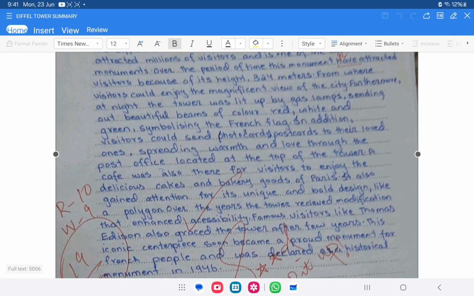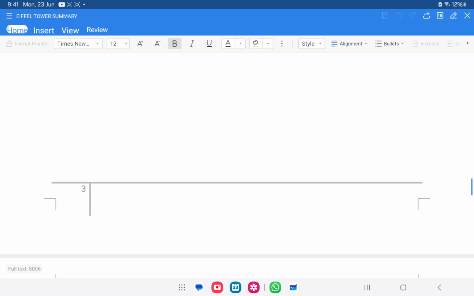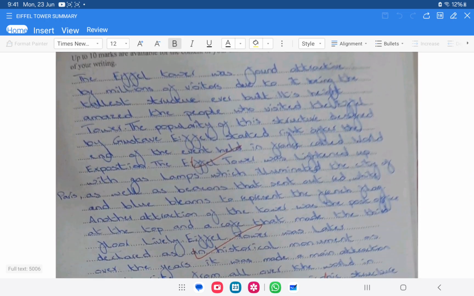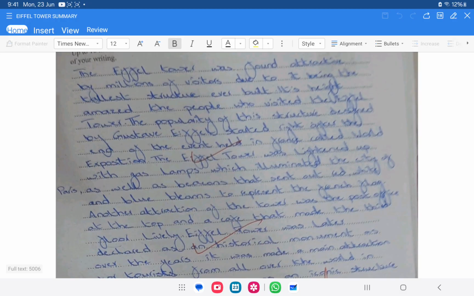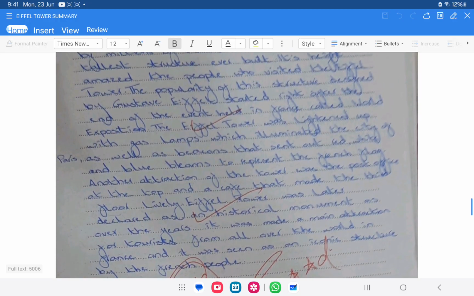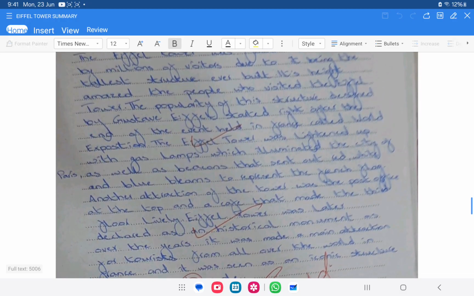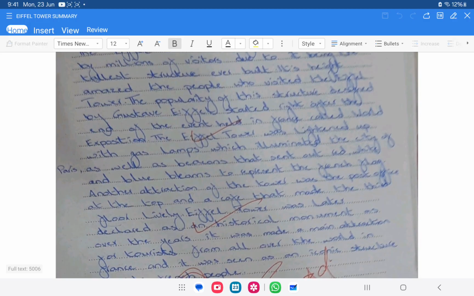Look at the second one. The Eiffel Tower was found attractive by millions of visitors due to being the tallest structure ever built. Its height amazed the people who visited. So read this also. You will find how to write a summary and how to be very relevant.